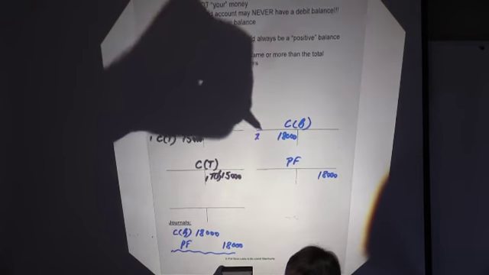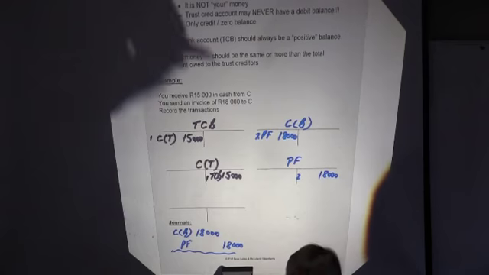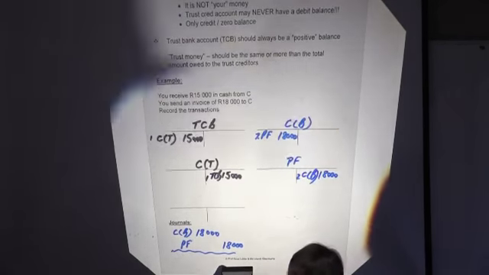Let's post that over to our ledger accounts. C business, we will debit with 18,000 rand and we will credit professional fees with 18,000 rand. We can write there 2 if you want to. Here we will cross-reference professional fees. There you will cross-reference C business.